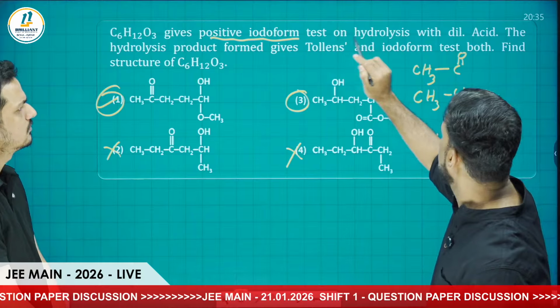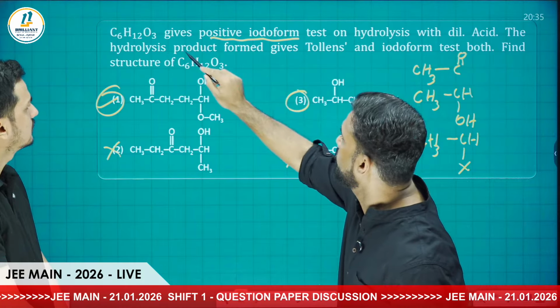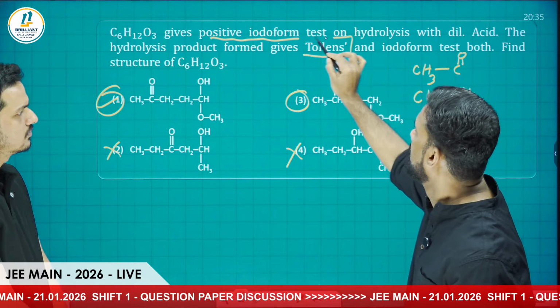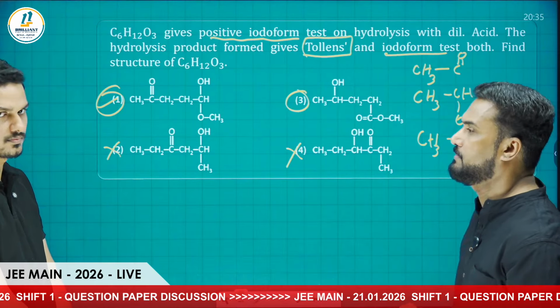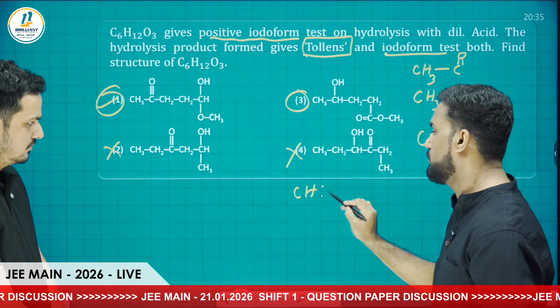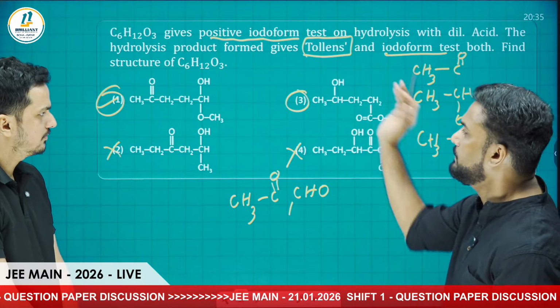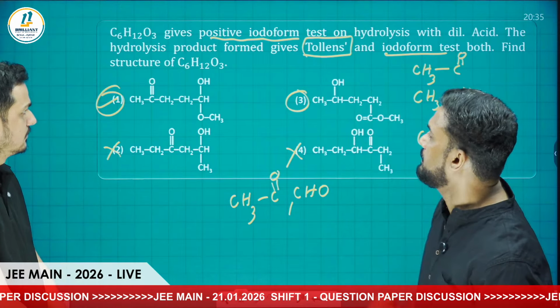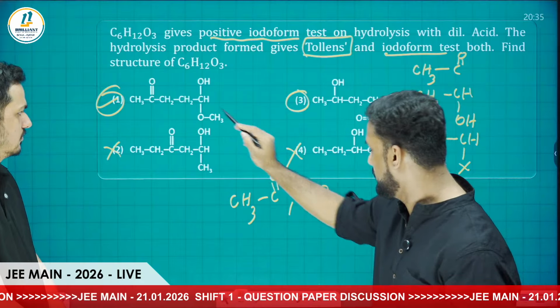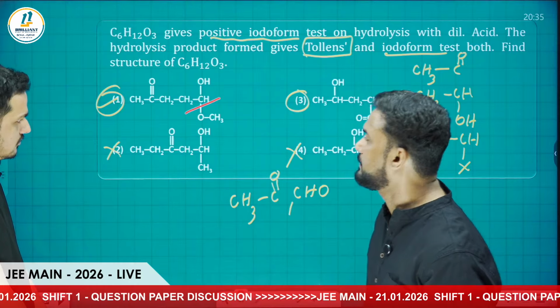Then continue reading: on hydrolysis with dilute acid, the hydrolysis product formed gives Tollens reagent and iodoform test. Giving Tollens reagent and iodoform test means there should be a CHO, no doubt, and a CH3C double bond O part or CH3CHOH. Hydrolysis part of this one, if you write, this bond will break.